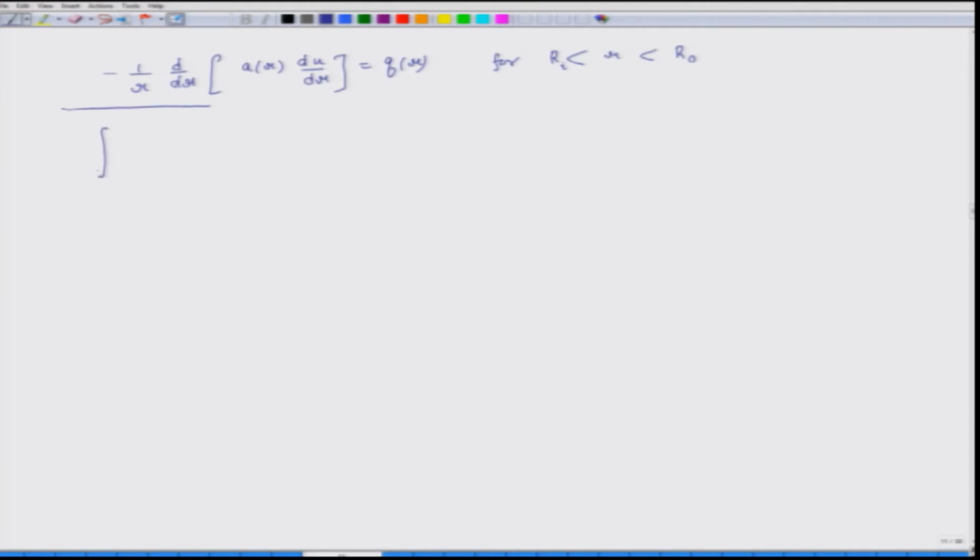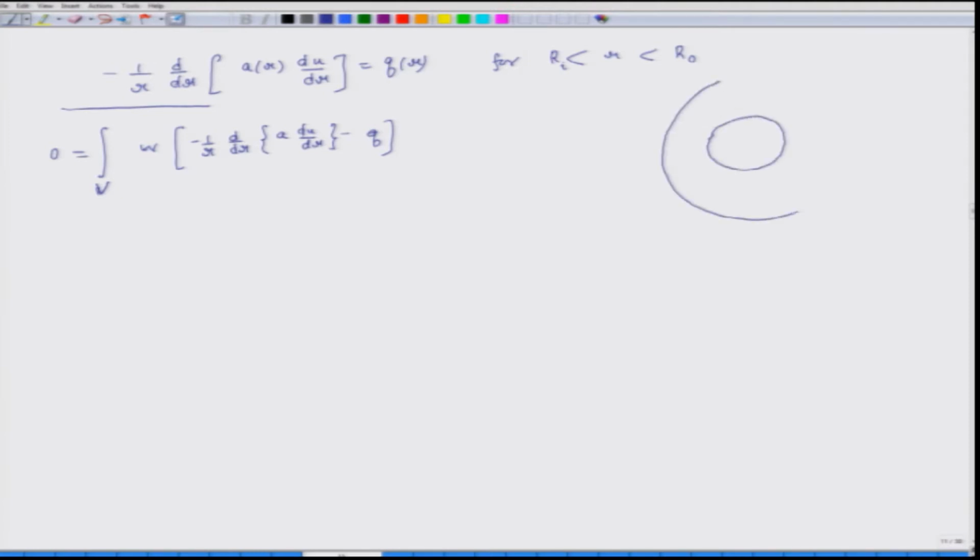So, 0 equals W times minus 1 over r d over dr, and at this stage we have to realize that we are integrating it over the whole volume of the system.